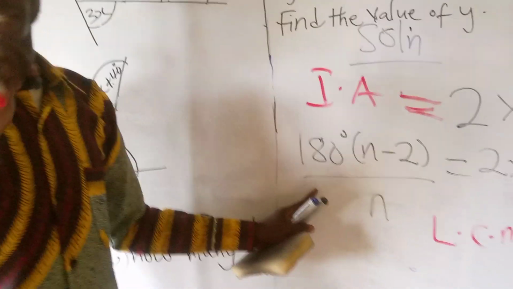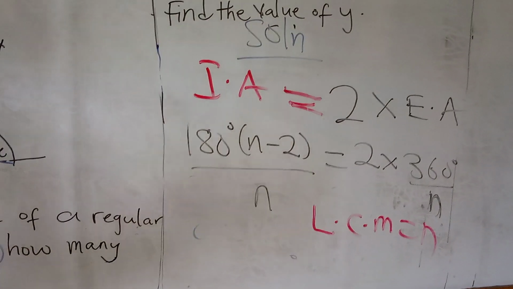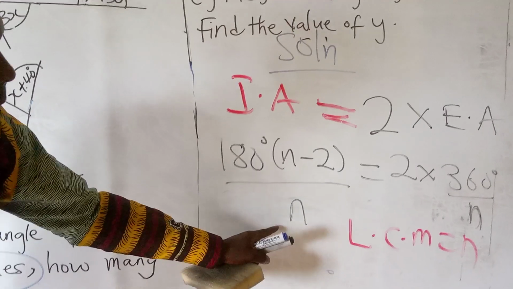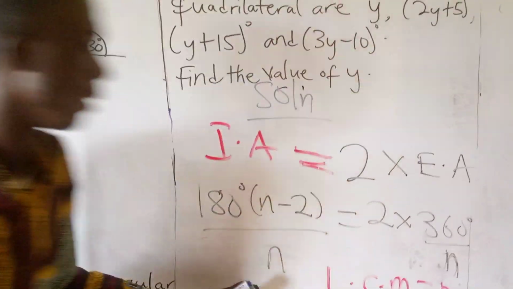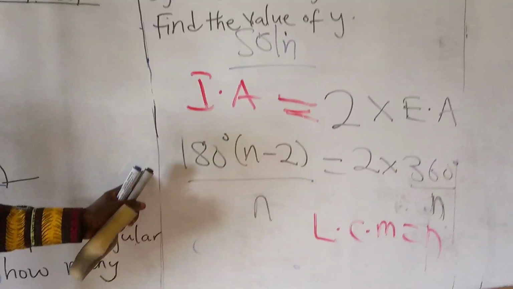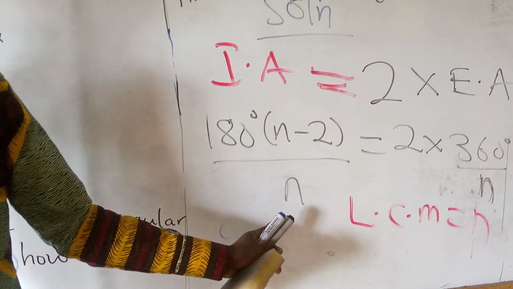And in linear equations, you see I'm applying many topics here. All these topics, I will treat. In linear equations, once you are having a fraction, you multiply through by the LCM to eliminate the denominator.